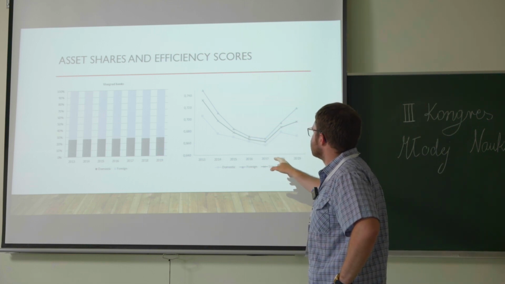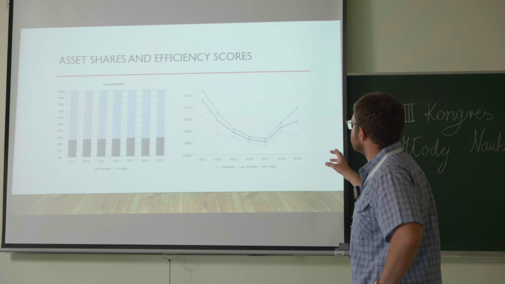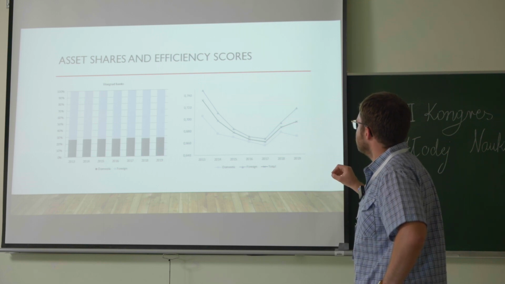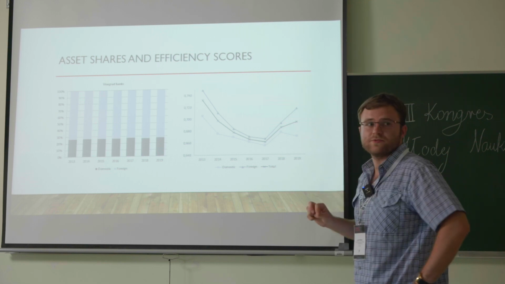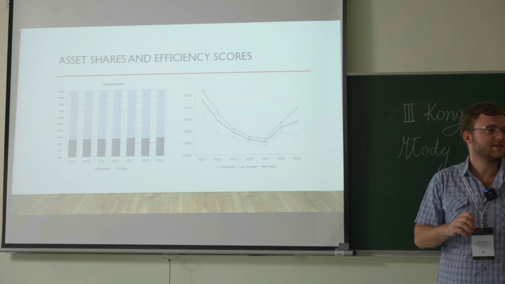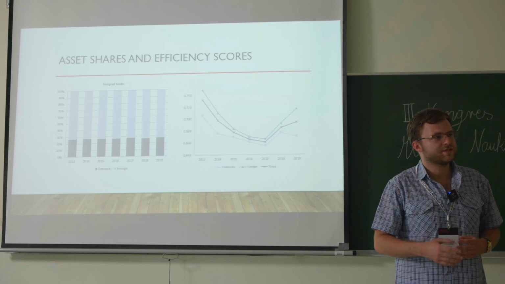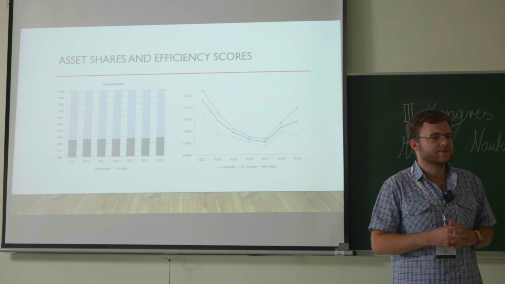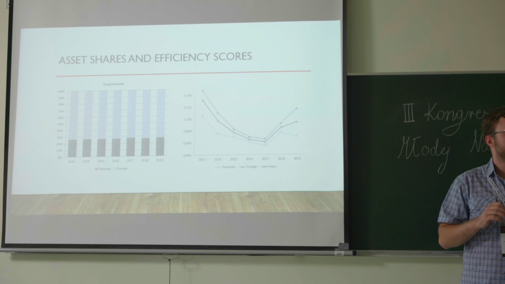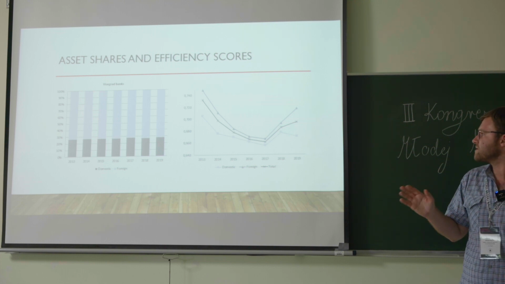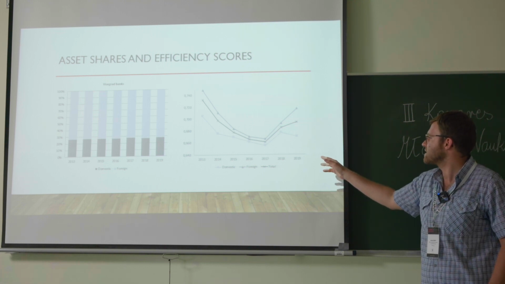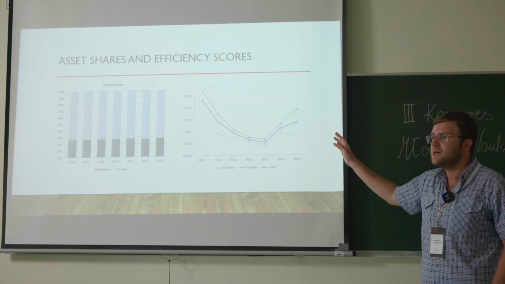It's quite low until 2017, but it rose to 2019. Why? Also because of the assets share growth, and also due to the stabilization of the world economy. It was not stabilized in 2012, 2013, but only from 2017 was there growth.